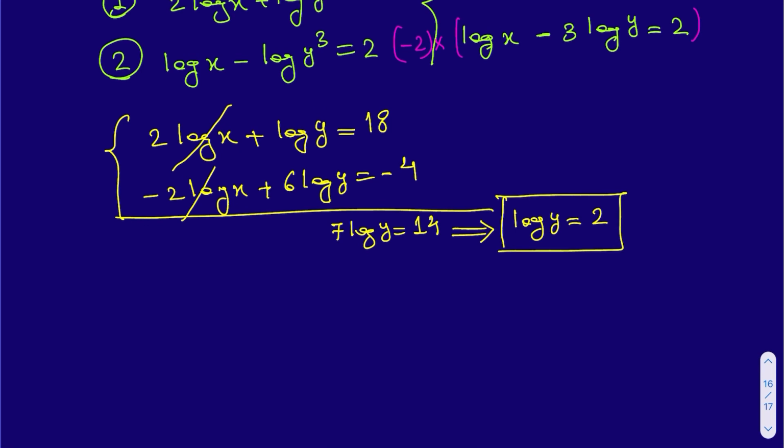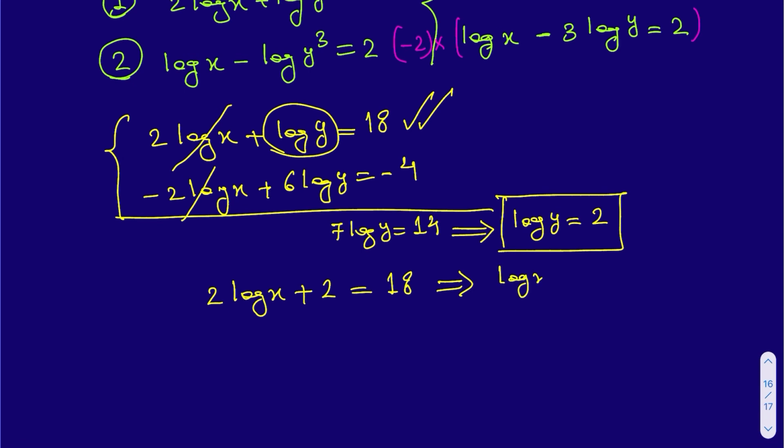Then I can replace in either of these equations, and then I can find the value of log x. So therefore I can simplify. Okay, then I can say 2 log x plus, I will choose this one, okay, plus, instead of log y, I will write 2. 2 is equal to 18, and therefore log x will be equal to 8.